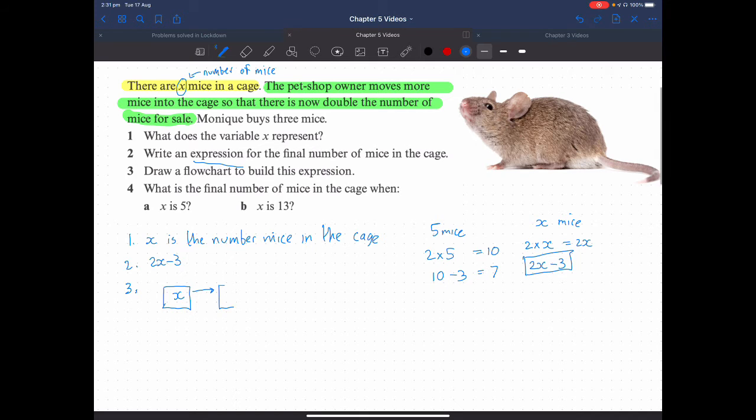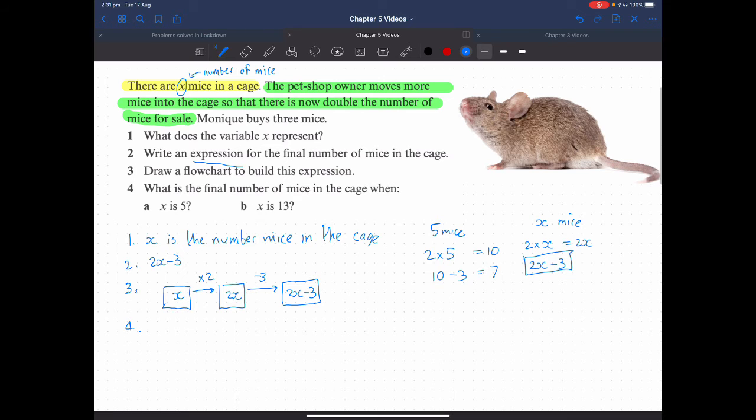And the next square is where the pet shop doubles the number of mice, so times it by 2. So timesing X by 2, we get 2X. Then Monique buys 3 mice. So there's going to be 3 less mice in the cage, which means we have in the cage now 2X minus 3.